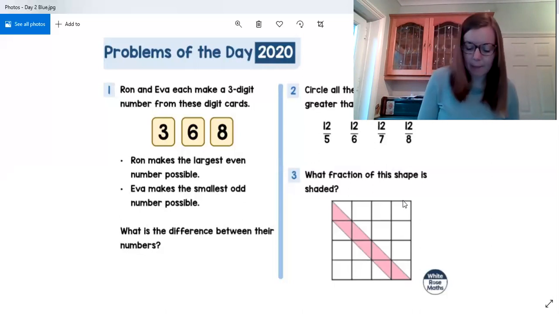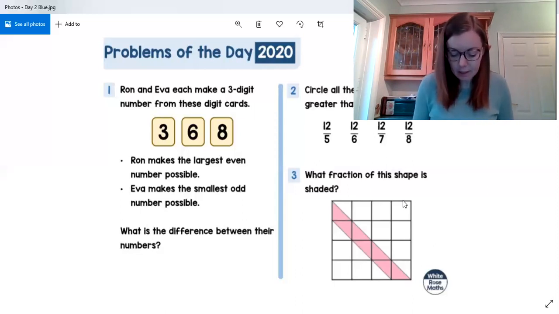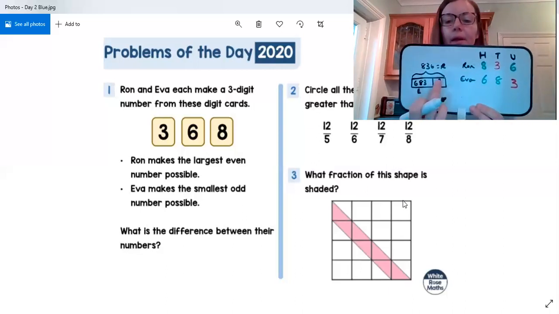Let me just show you that using a bar model to prove why we're doing that. So we have 836 as Ron's number. Part of it is 683, Ever's number, and the gap is this bit here.